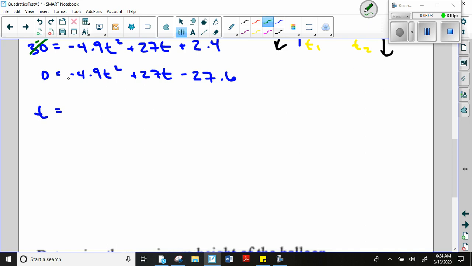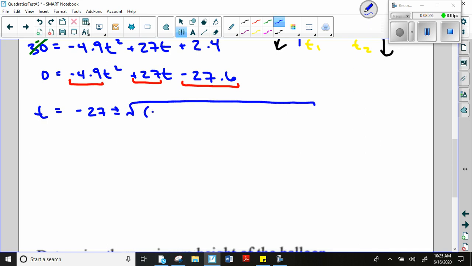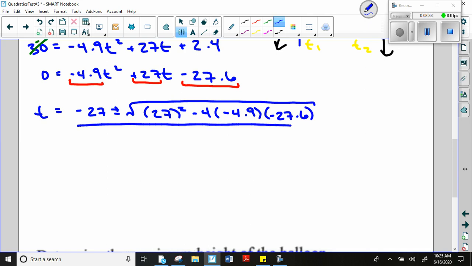A, B, C. I don't want green. I just used green. A, B, C, negative b plus or minus the square root of b squared minus 4 times a times c, all over 2 times a.